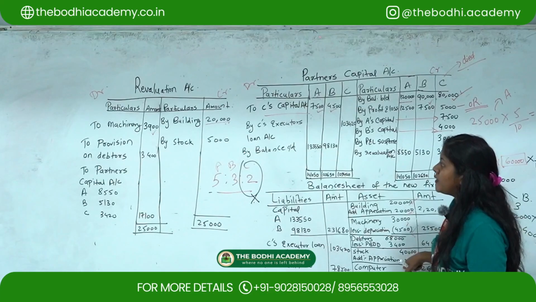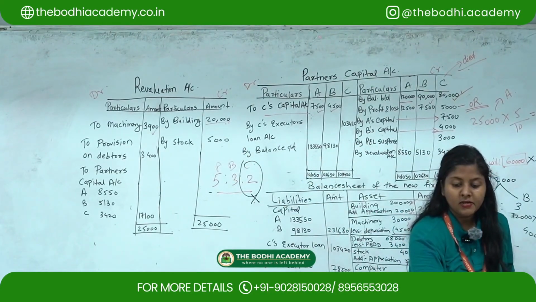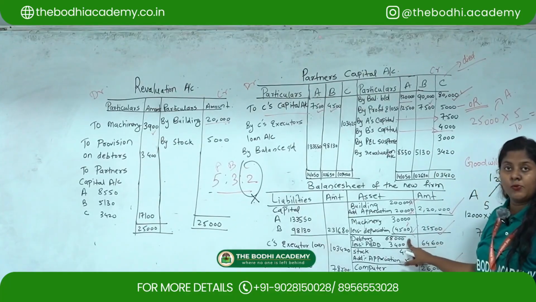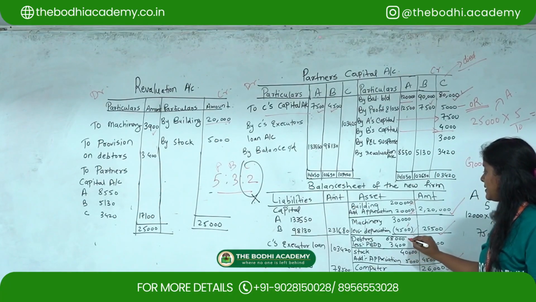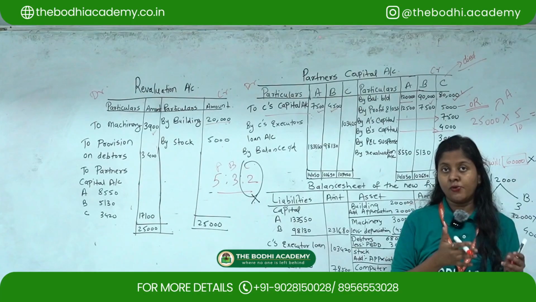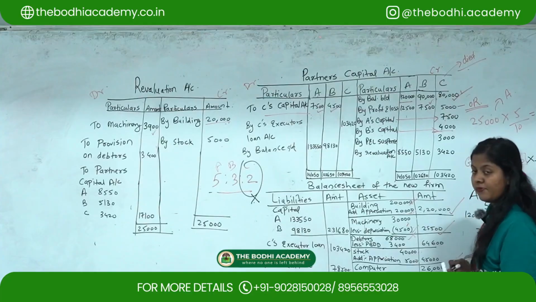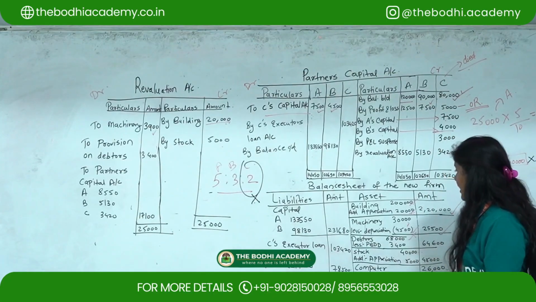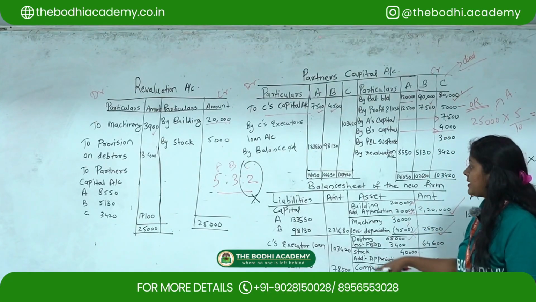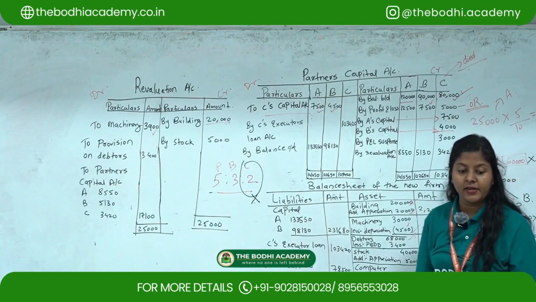Since the value of the stock has increased, I took it on the credit side. Then debtors, the book value which they have given for the debtors is 68,000. Then cash in hand, you have to write it as it is, that is 29,500. Cash in hand basically goes on the asset side of the balance sheet.